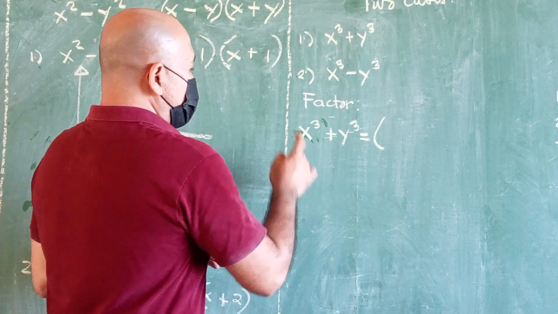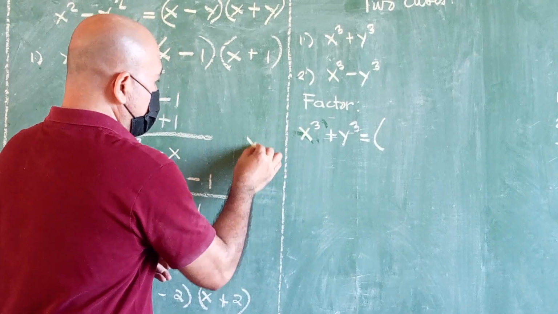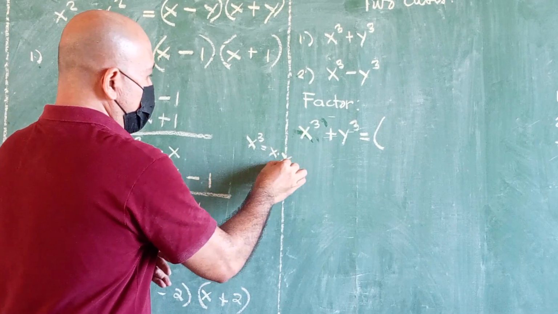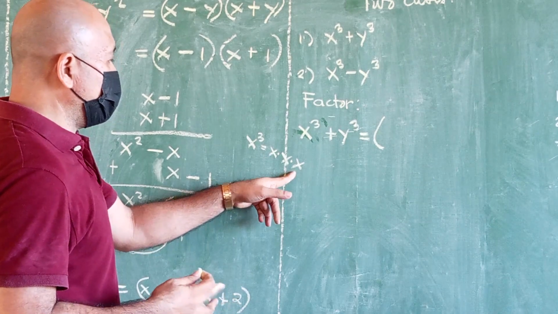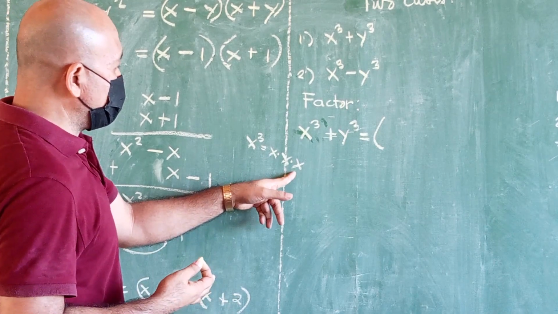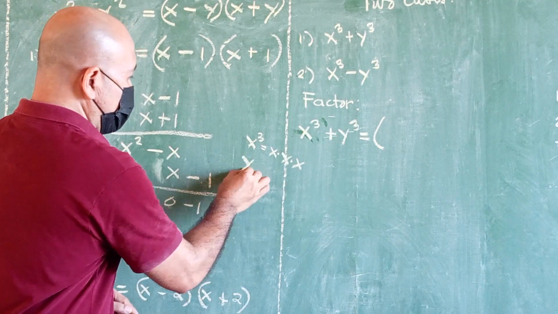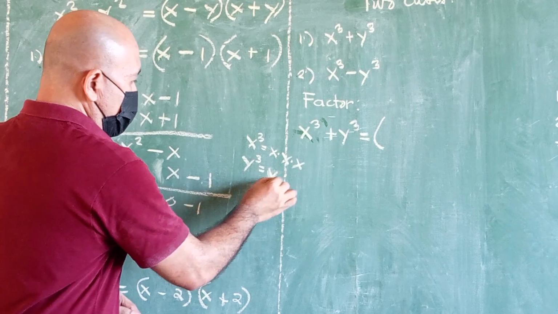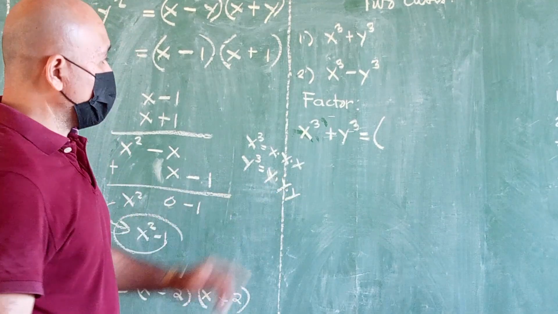When we say x cubed, it means x times x times x. There are three x's that we multiply to get x cubed. The same way, y cubed means y times y times y.